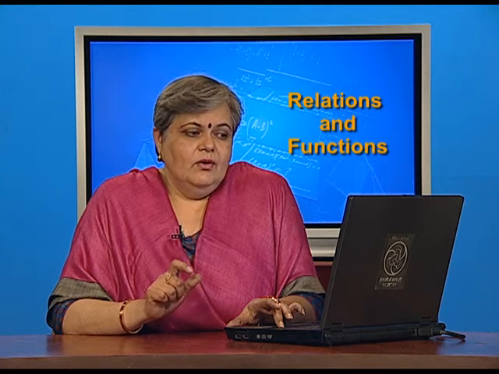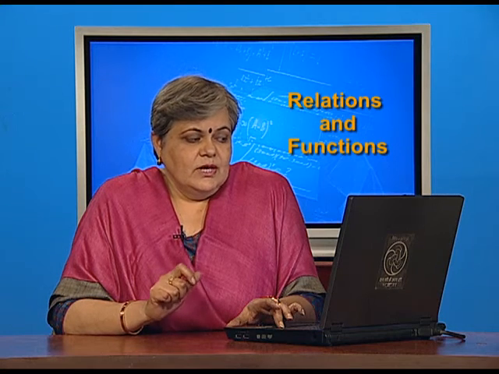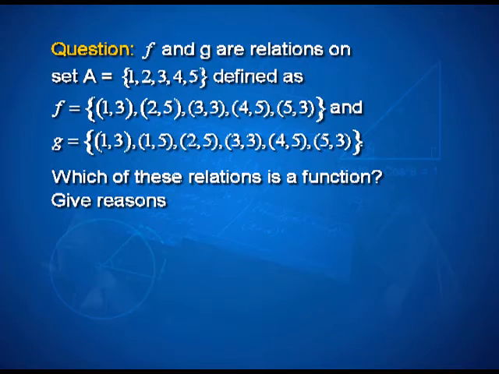So, if you keep the definition in mind, all elements of set A must be uniquely related to elements of the set B. So, as you can see in the first case, we are looking at (1, 3), (2, 5), (3, 3), (4, 5), (5, 3). No element in the first position is connected to more than one element in the second.